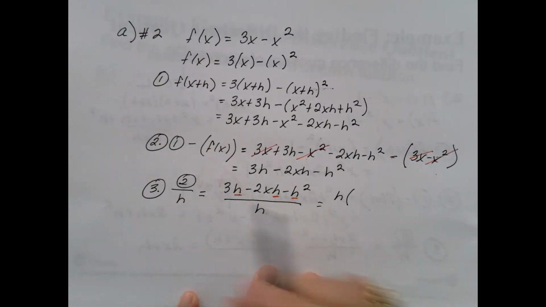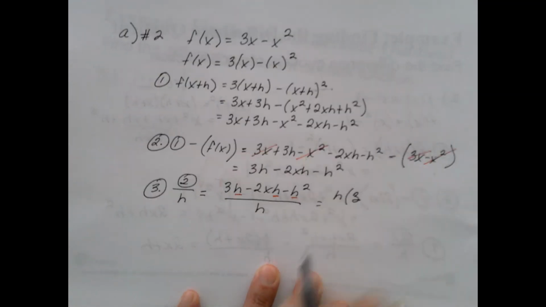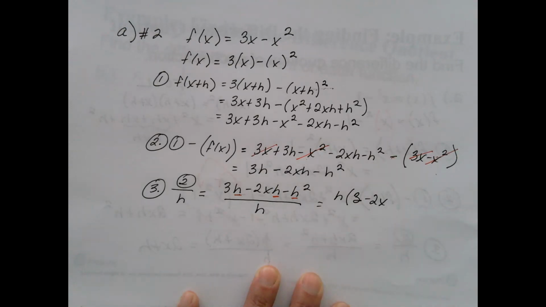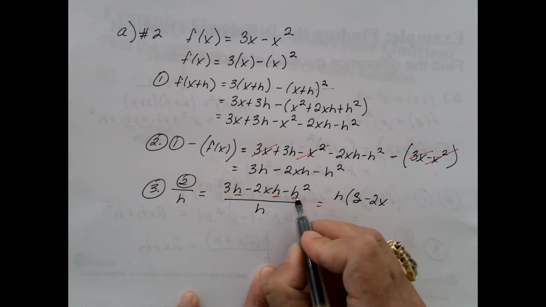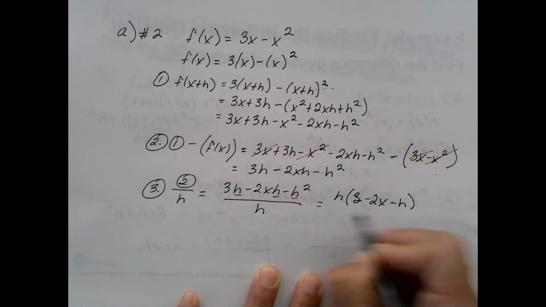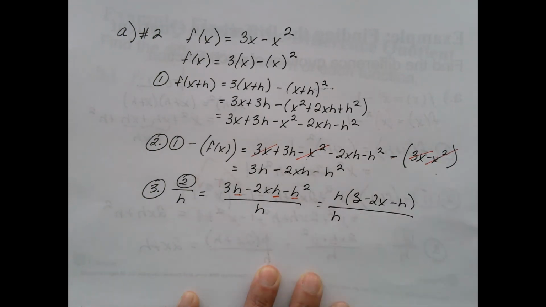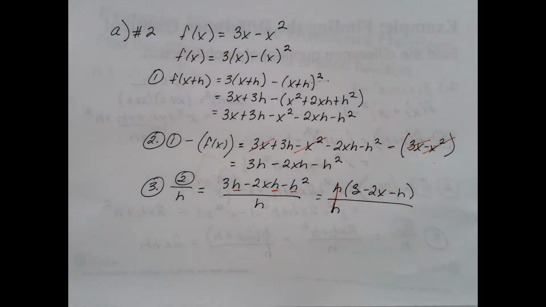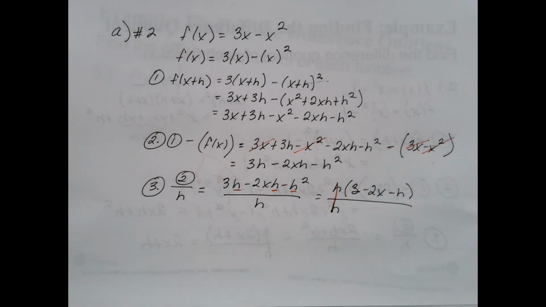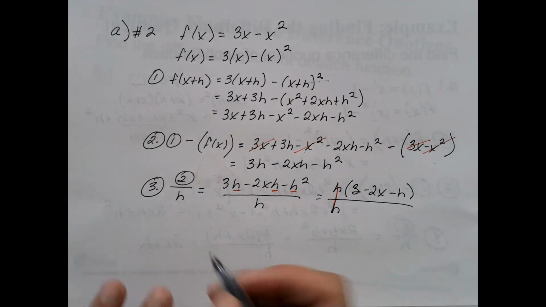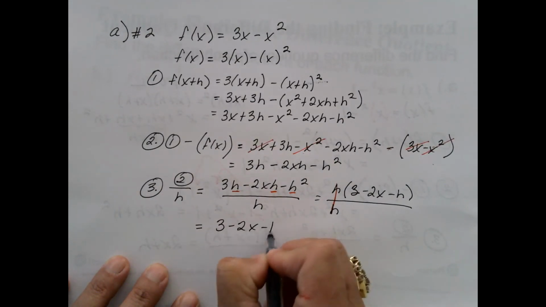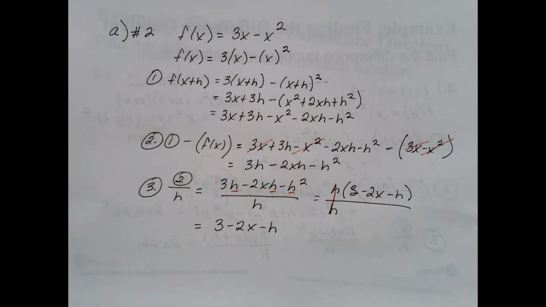Factoring an h out of the 3h leaves me with a 3. Out of the negative 2xh leaves me with the negative 2x. I've factored 1h out here, so I'm left with 1h. And then over h, so that I can finally see that I made my 1 out front. So that's the cancellation. And so finally, the difference quotient is 3 minus 2x minus h, and that's the final answer.